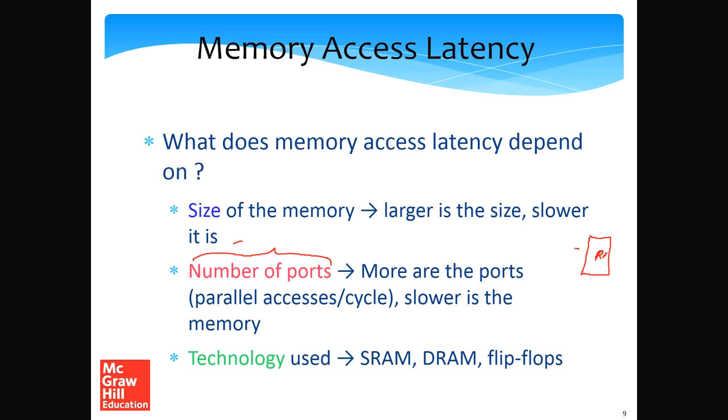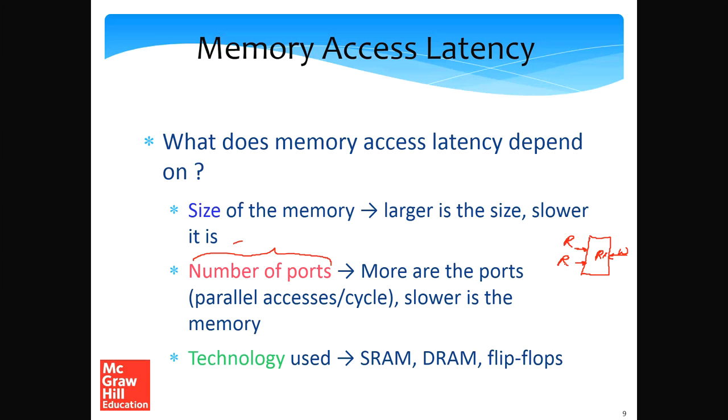If the instruction is reading two registers in the same cycle, you need two read ports, or two interfaces to read. Similarly, one instruction is writing, so you need one write port. A port is essentially an interface to write. So two read and one write.